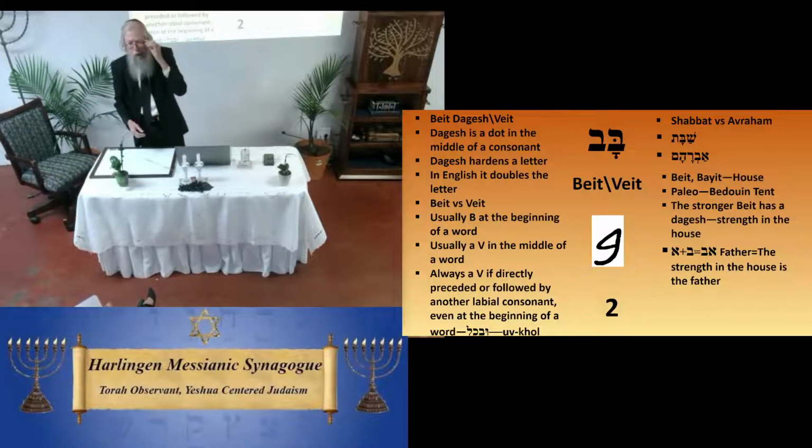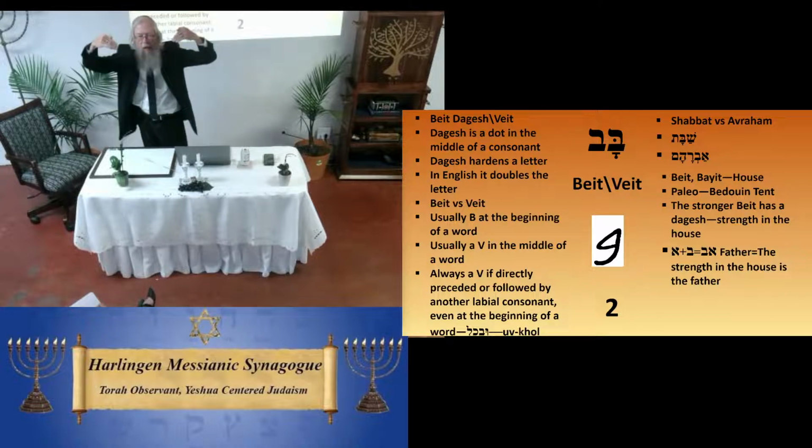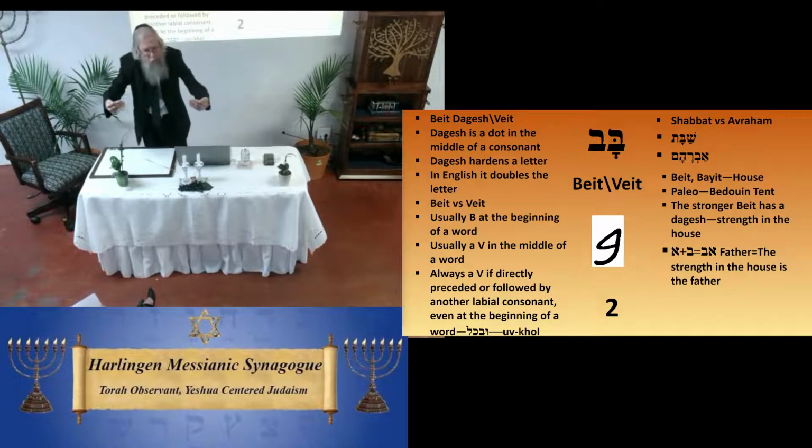So this is true in Hebrew. You can say avi, which means my father. When you have the i at the end of a noun, it's first person possessive, meaning my. Avi, my father. Av, father. You have abba, the bet dagesh, signifying that there is a strong relationship.